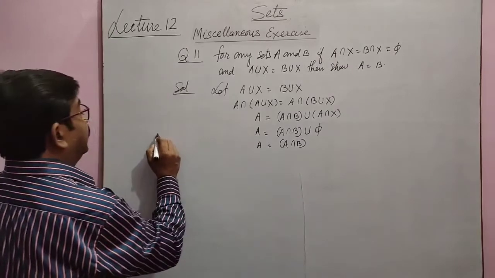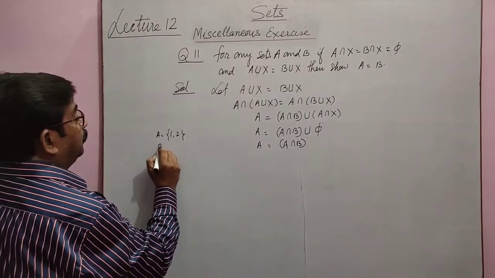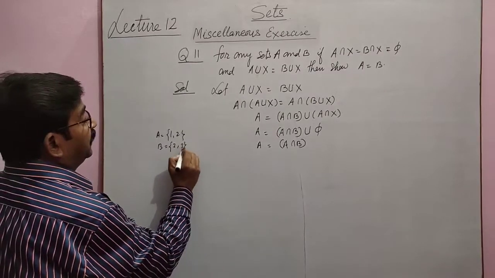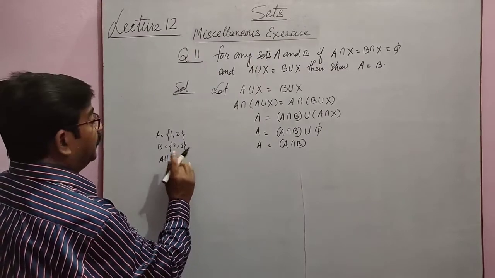Try to understand. If we have A equal to {1, 2} and B equal to {2, 3}, what is A intersection B?